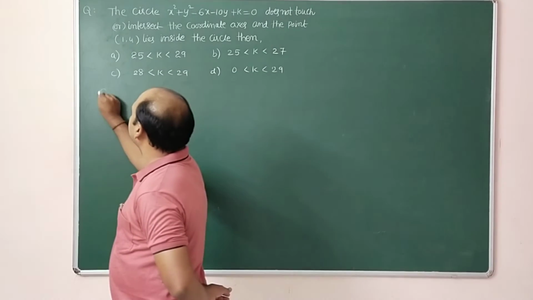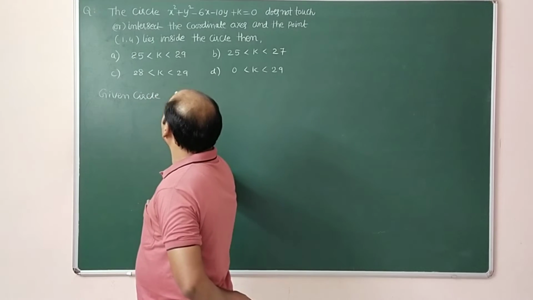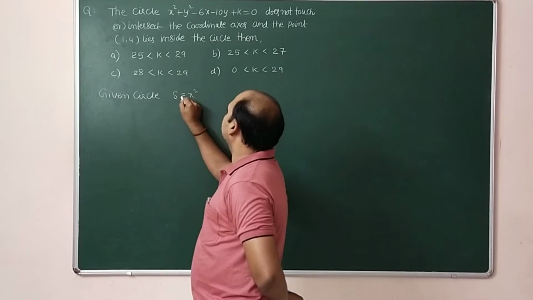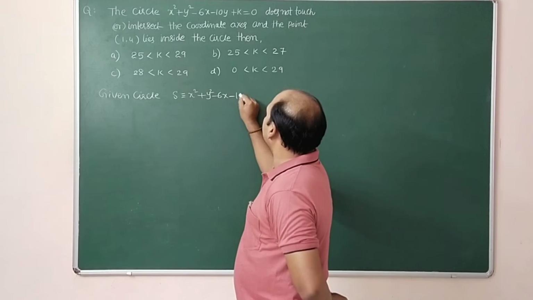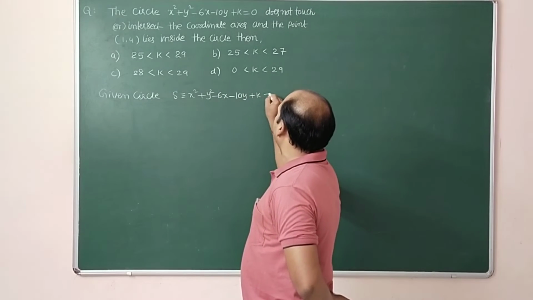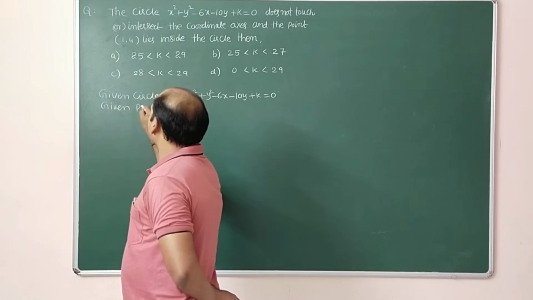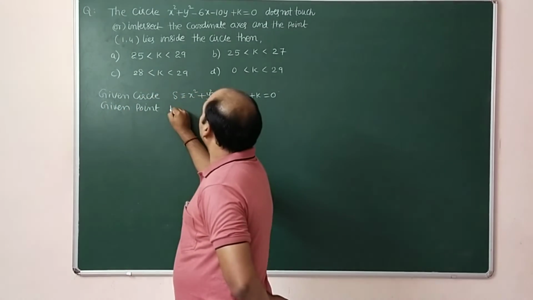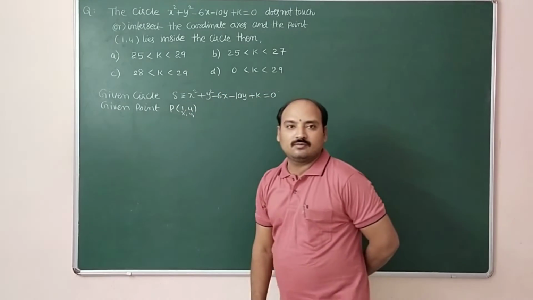First step you have to write it. Given circle, S is equal to x square plus y square minus 6x minus 10y plus k equal to 0. Given point, P of (1, 4), that I can assume as (x1, y1).